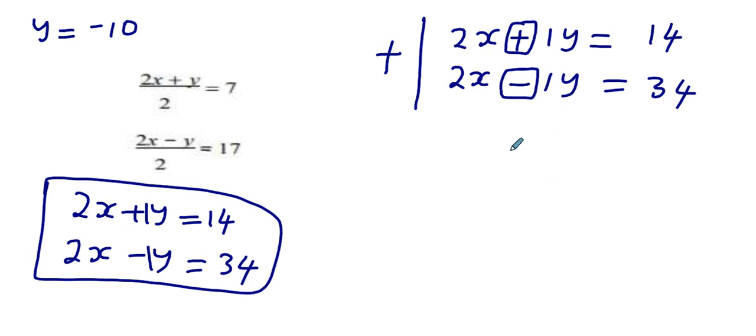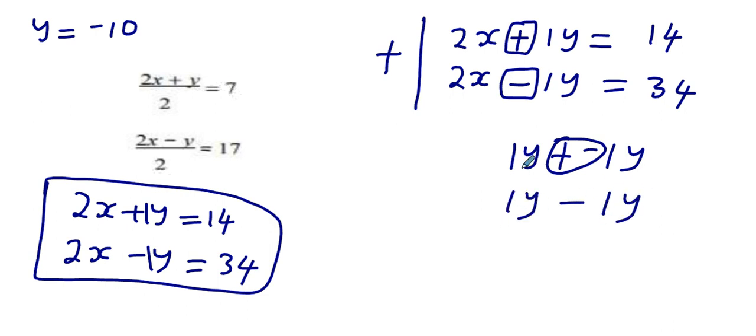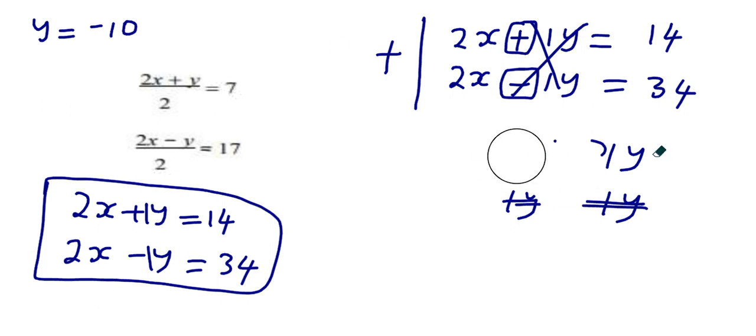I showed this. Positive 1y plus negative 1y. Don't say 2y. This is positive times negative is negative. So 1y here, 1y here. So 1y plus negative 1y is the same as 1y minus 1y. And this equals 0. So in other words, we cancel this. Okay.